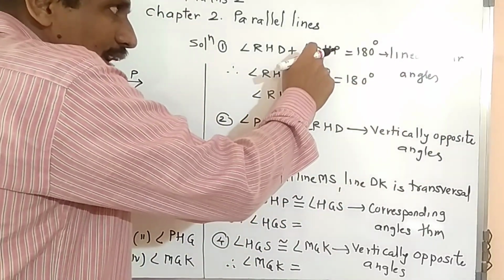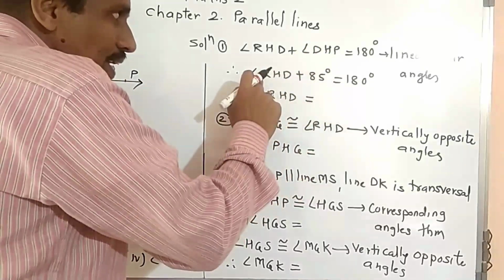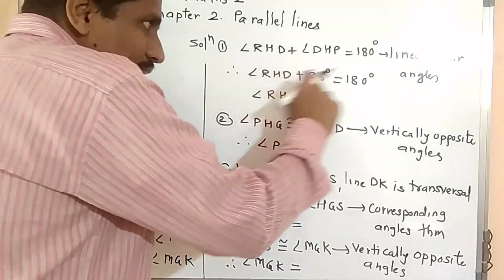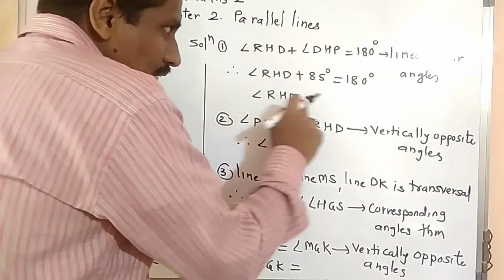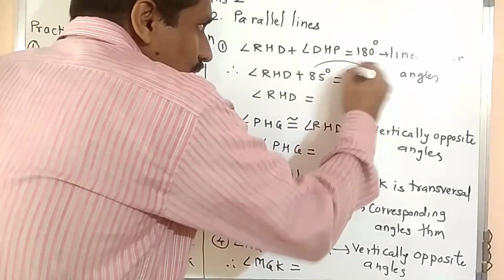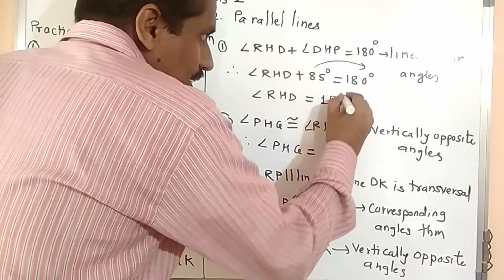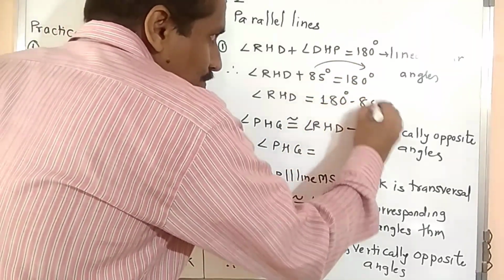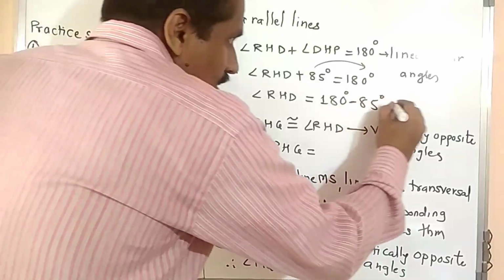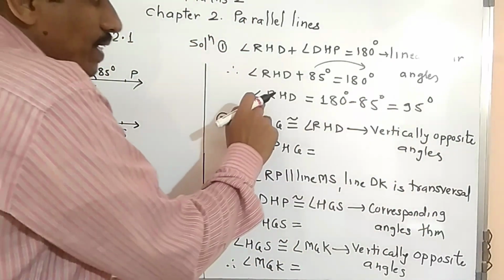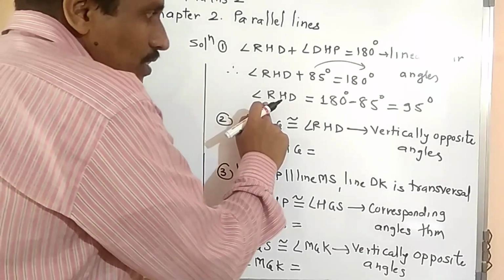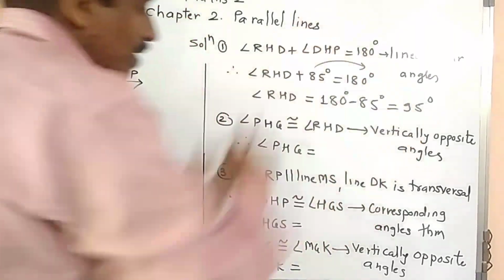Substituting the value of angle DHP as 85 degrees, angle RHD plus 85 degrees is equal to 180 degrees. Therefore, angle RHD is equal to 180 degrees minus 85 degrees, and this is 95 degrees. So angle RHD measures 95 degrees.